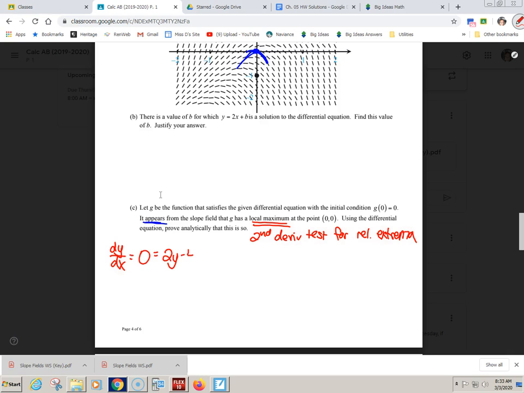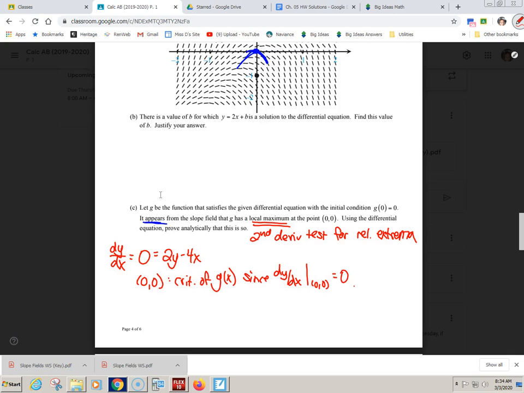Is (0, 0) a critical number, with dy/dx = (2y - 4x)? Yes, (0, 0) is a critical number of g(x) since dy/dx at (0, 0) equals 0.